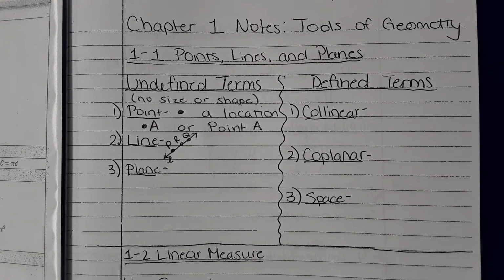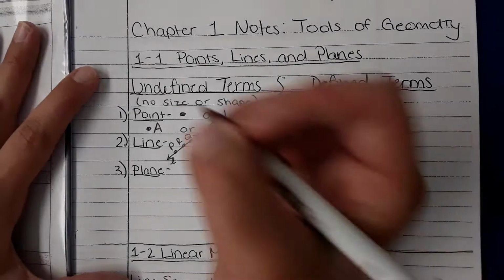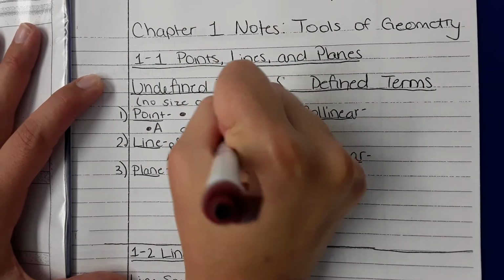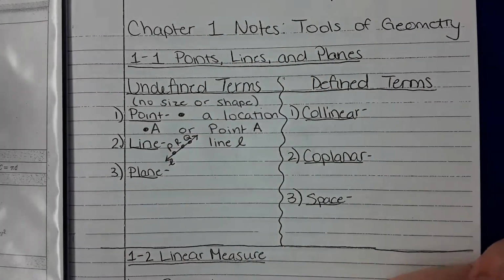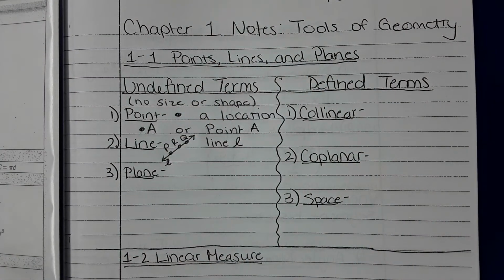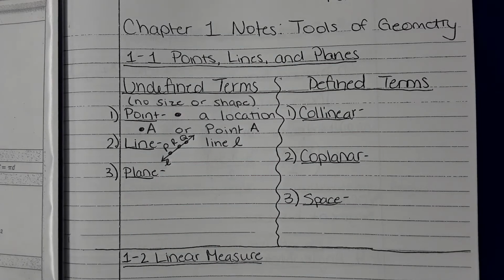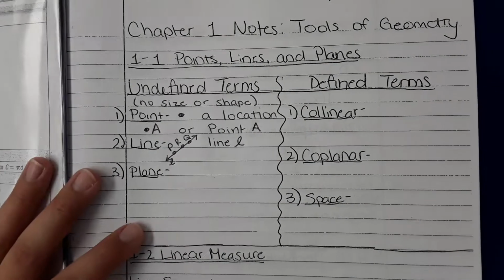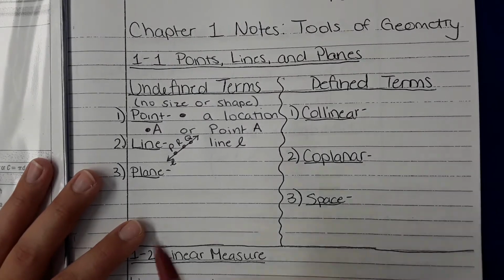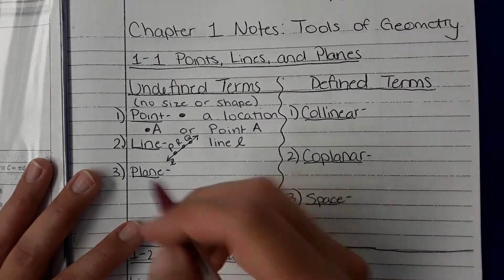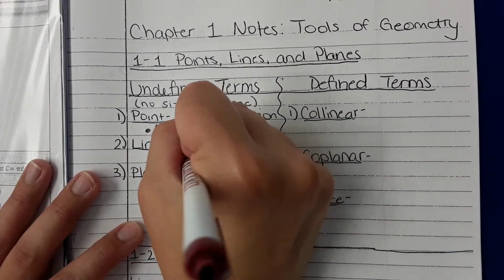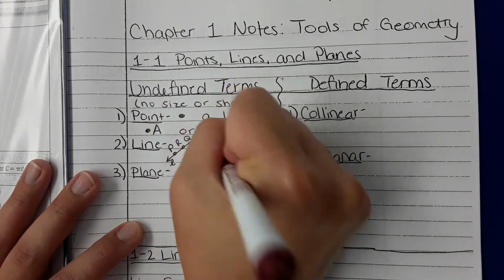Okay, so how do we name this line? There are various different ways you can name a line. One way is just writing out line L with the cursive letter. Another way you can name a line is by the points. When you name a line, you only use 2 of the points. So you could say line PR.